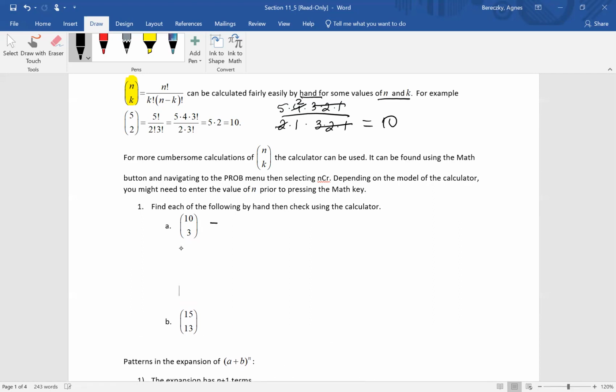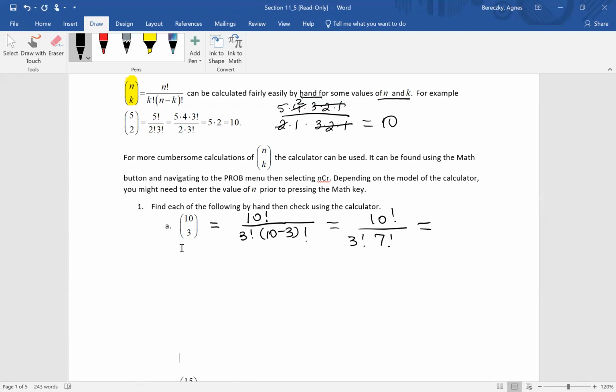So by definition, 10 choose 3 will mean 10 factorial over 3 factorial times (10 minus 3) factorial, which will be 10 factorial over 3 factorial times 7 factorial.